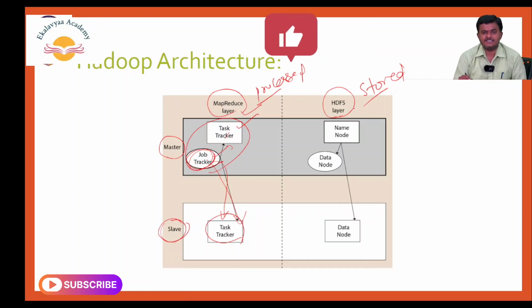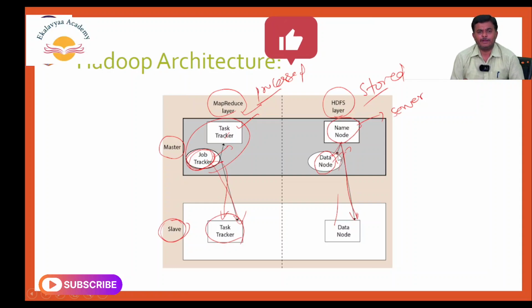On the HDFS side, the name node is what we'll call the server. The name node is connected to several data nodes, and whatever requests come from the data nodes will be processed by the name node. This is the architecture of how storage and processing can be done in the Hadoop system.